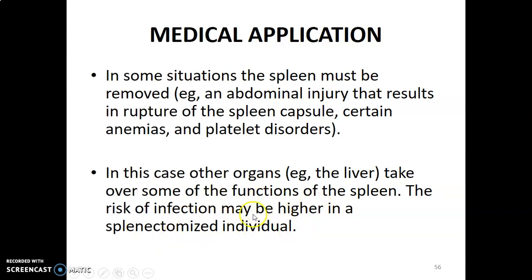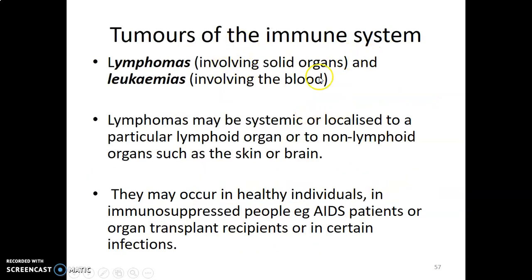They are at higher risk of infection after you've removed the spleen, depending on the cause of the splenectomy. Then we also have tumors of the immune system that may involve the spleen, such as lymphomas and leukemias, tumors of the blood. In lymphoma, it could be systemic or localized.